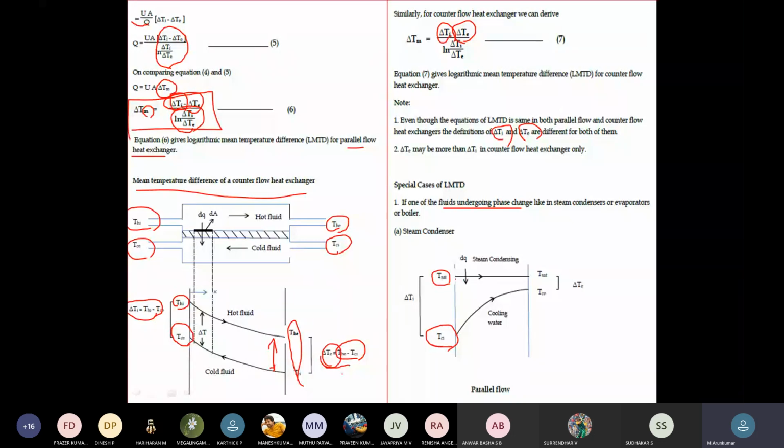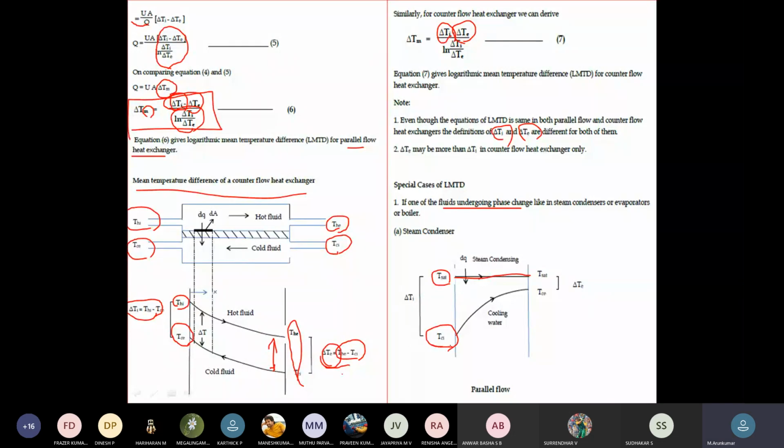Saturated means there is no temperature difference; the temperature will be equal throughout the flow. What is saturation? Saturation means beyond that there is no increase or decrease in temperature.